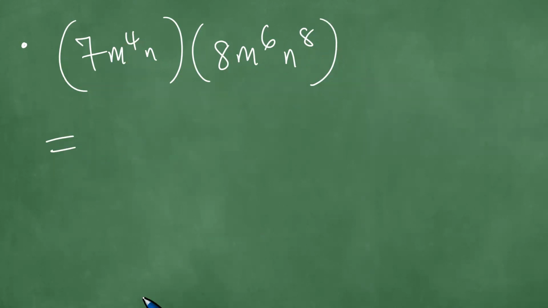What do you do here, Leander? You multiply, then it will be 56. 56, well done. Then what? Then m to the power of 10 times n to the power of 9. Excellent stuff.